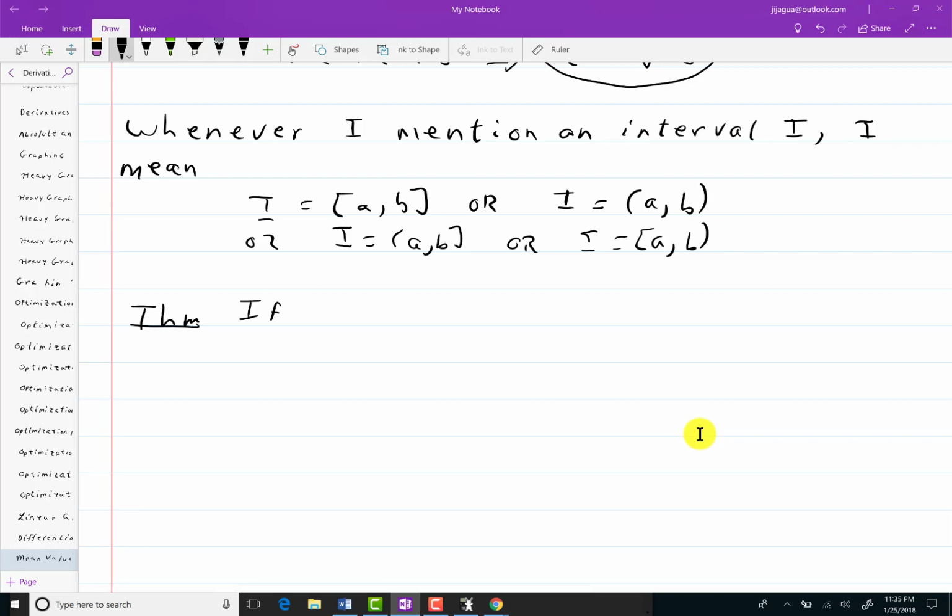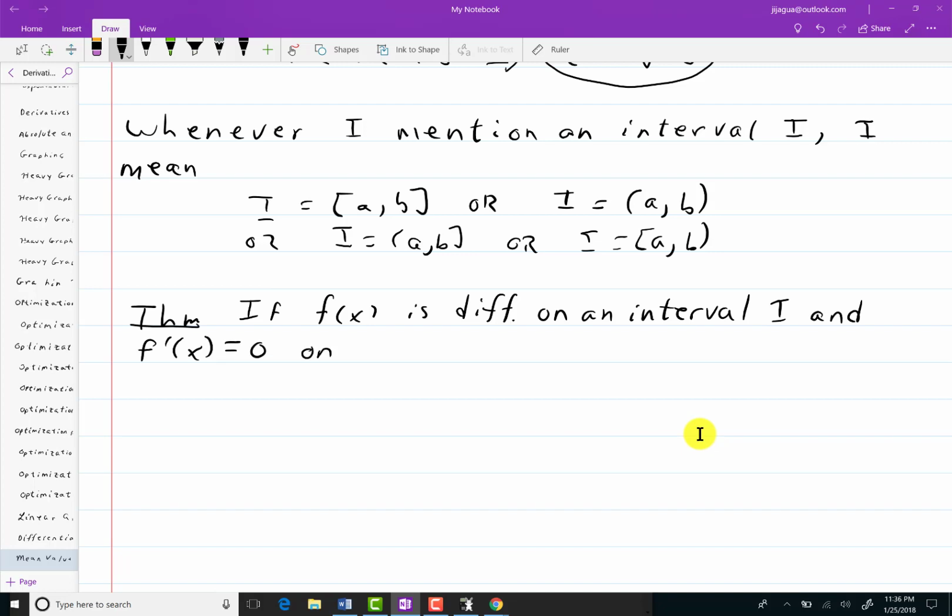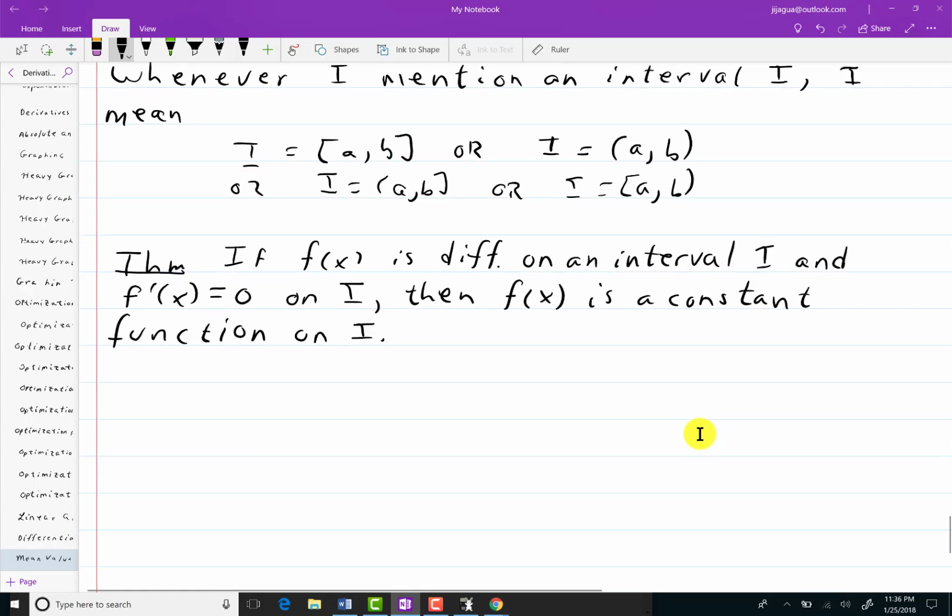So with that in mind, let me bring up a theorem. If f of x is differentiable on an interval I, and f prime of x equals 0 on I, then f of x is a constant function on I. Let me just tell you what I'm talking about here.